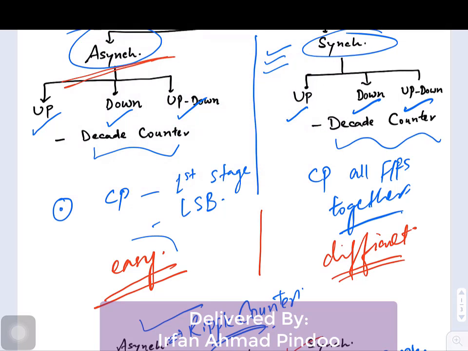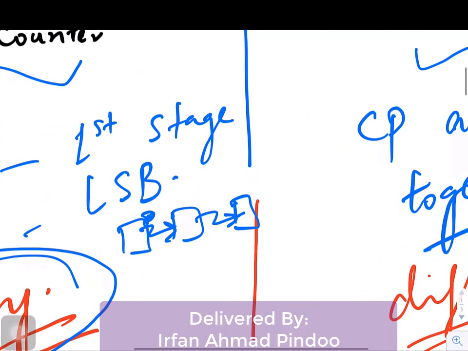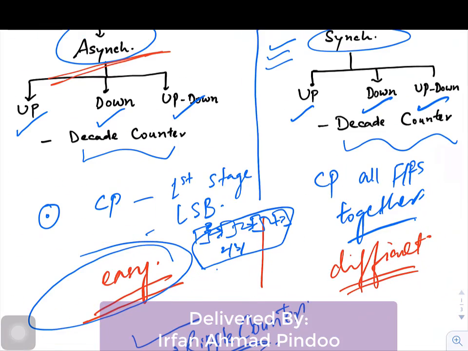And why it is easy, you must have got the idea from the videos we have already uploaded on asynchronous counters. You simply add on the stages and propagate the output as a clock for the next stage, and you can design it for 2 bits, 3 bits or even 4 bits. So the design is very easy.